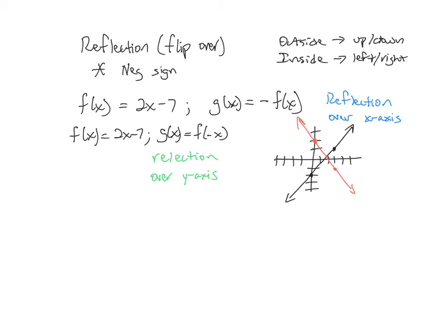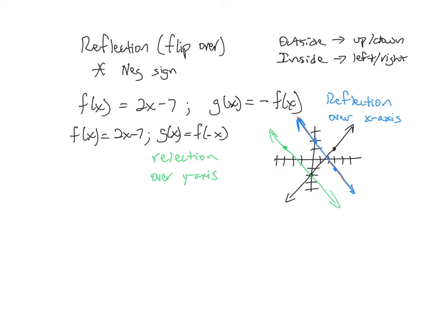I should use blue for the red one, to color coordinate things. If we start with the black one and do this green part, a reflection over the y-axis, it reflects over here. This one is on the y-axis, so it actually doesn't move. It just stays there, and the x looks different. So you can see it changes how the line ends up looking.